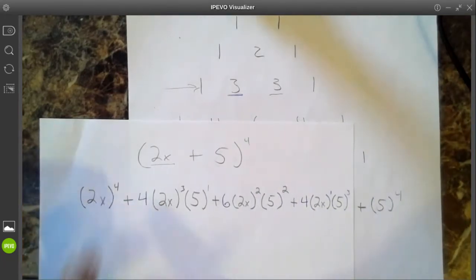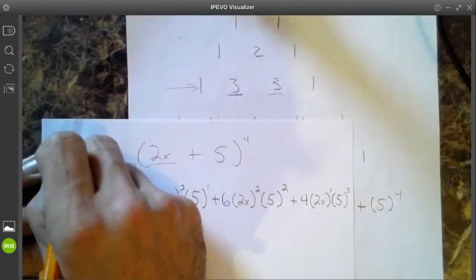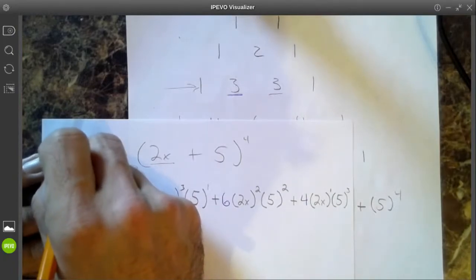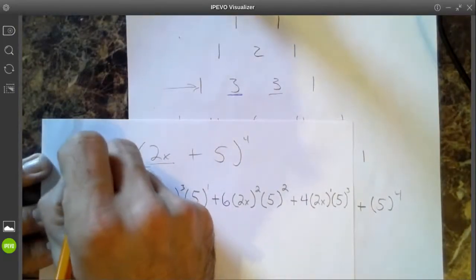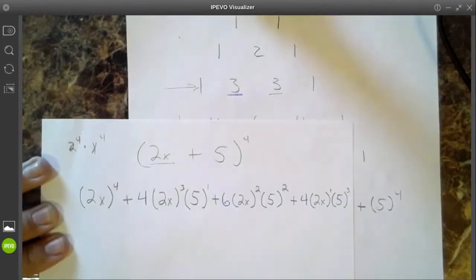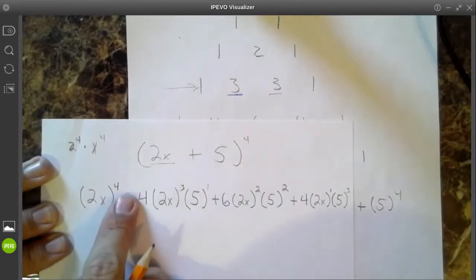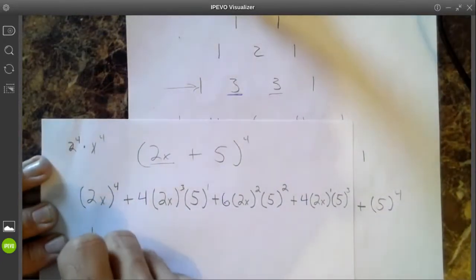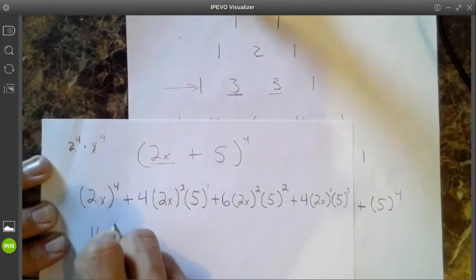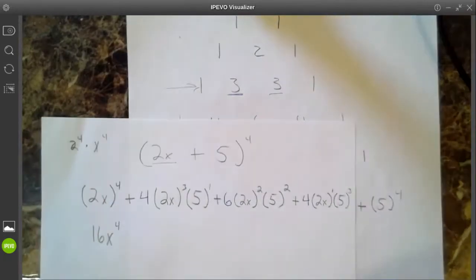What this part means is you're doing 2x times 2x times 2x times 2x. The way that you can think about this is just rewrite it as 2 to the fourth times x to the fourth. You can do that, right? 2 to the fourth is equal to 16. So you get 16x to the fourth.